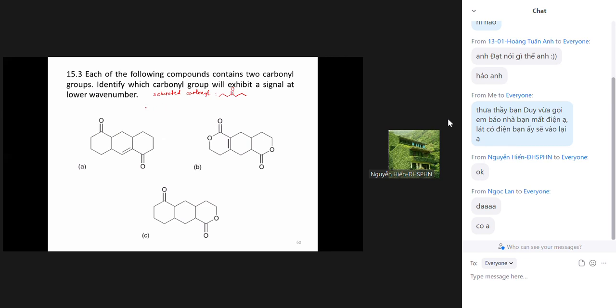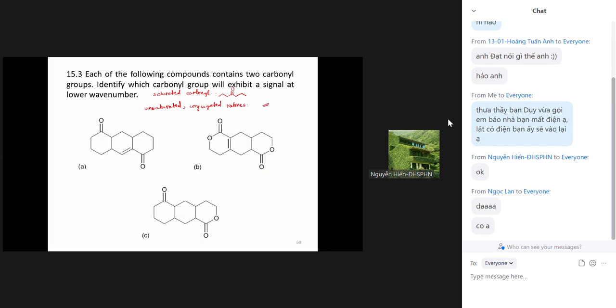And then you have unsaturated conjugated ketones.